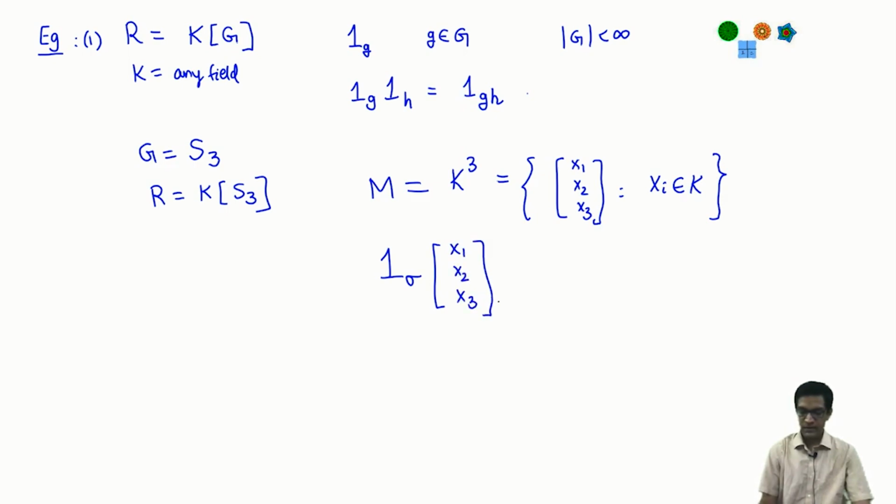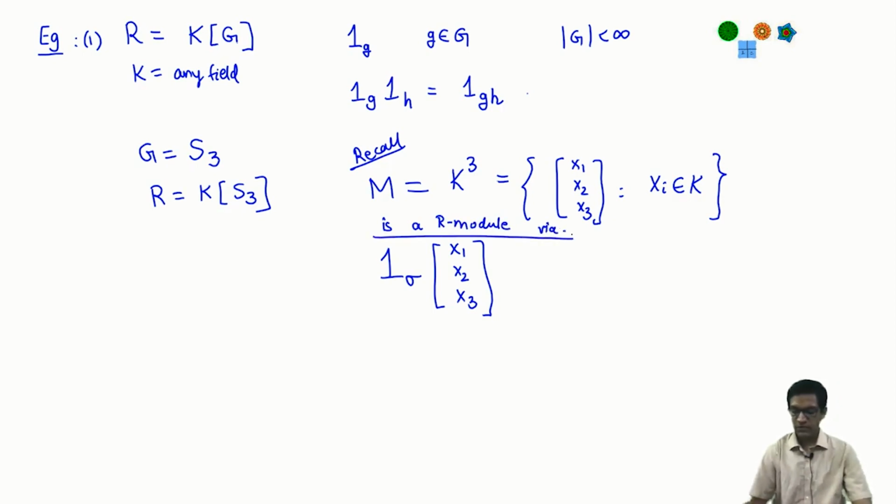Recall that M is an R module via the following definition: the basis elements 1 sigma act on this as follows.